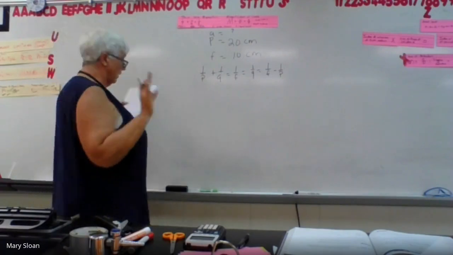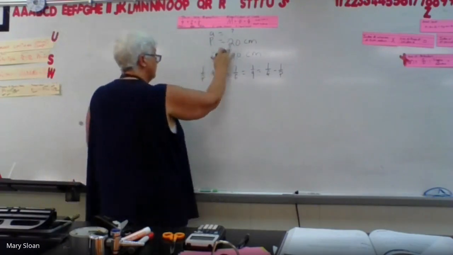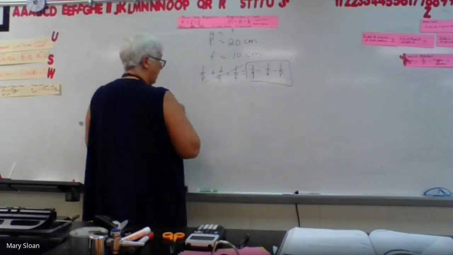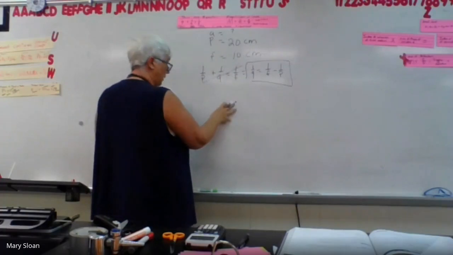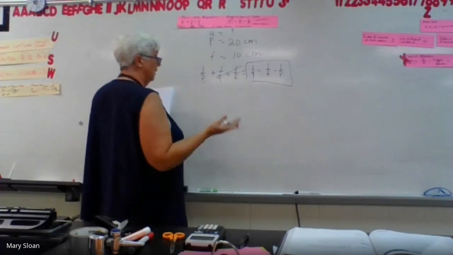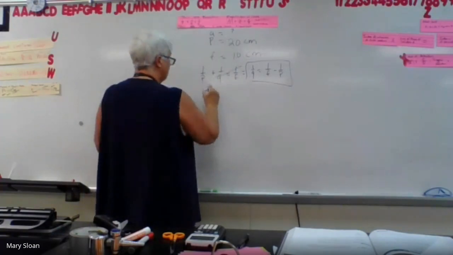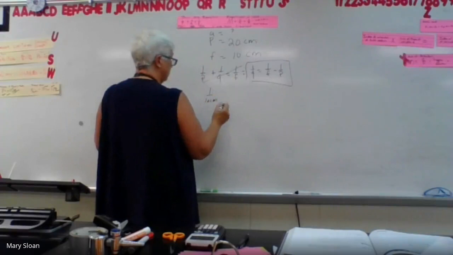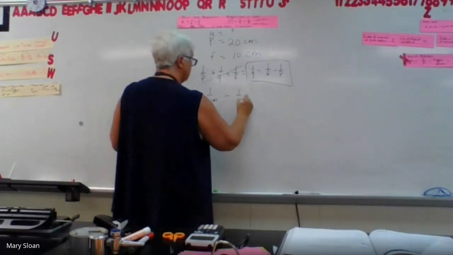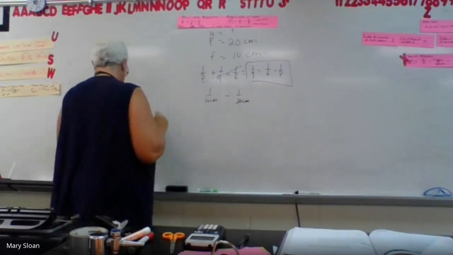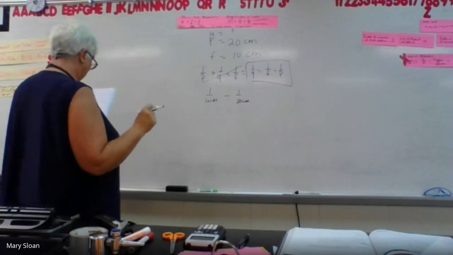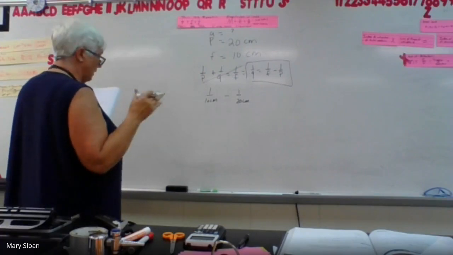So we're just going to plug and chug based on our information up here. Since I had to rearrange it, it was plus, but now it's minus because I'm changing it. So 1/f is 1 over 10 centimeters, and we're going to subtract 1/p, which is 1 over 20 centimeters. If I want to have the same unit, I changed it to 1 centimeter.